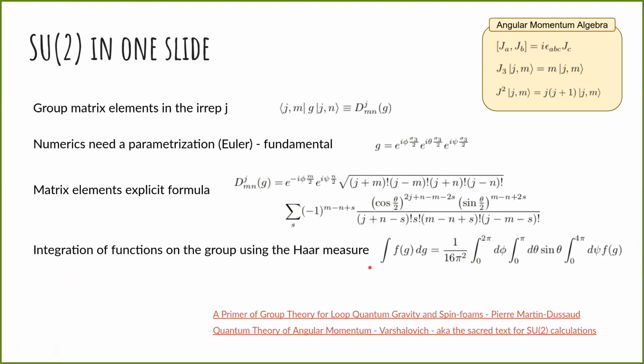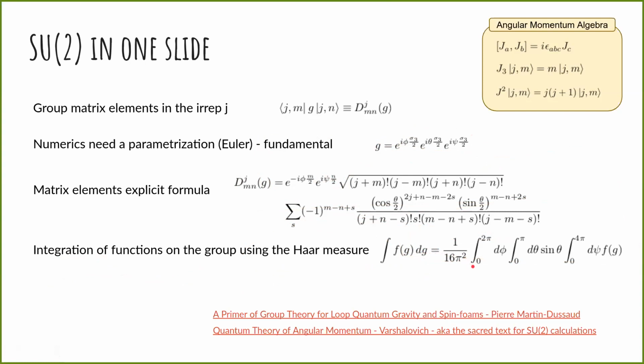And to do the integration, you use the Haar measure. This Haar measure is usually an abstract thing in our mind. It's just the unique left and right invariant measure over the group.